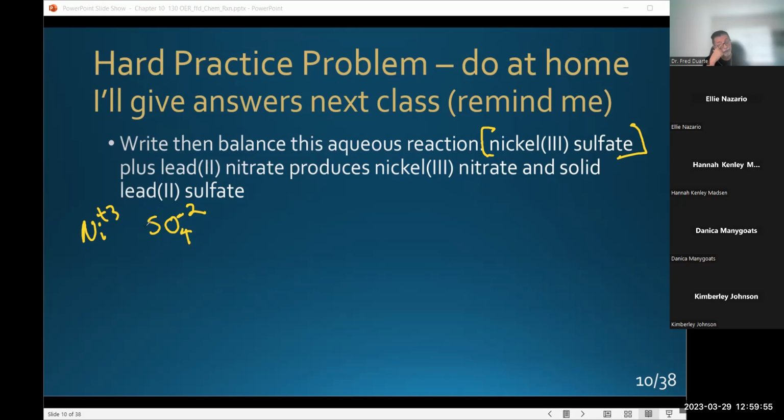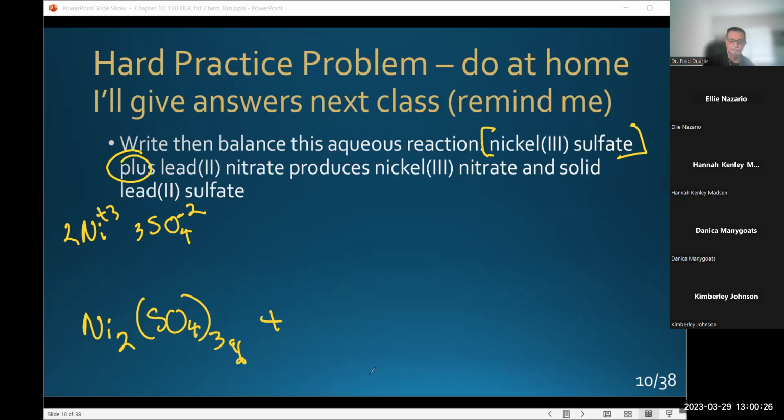So we have dissimilar numbers, so we find a common number, which in this case is 6. So I need 2 nickels and 3 sulfates. Okay? So our formula becomes Ni2(SO4)3. And it is aqueous, okay? (aq). Plus is our symbol plus. All right, let us do the next one.